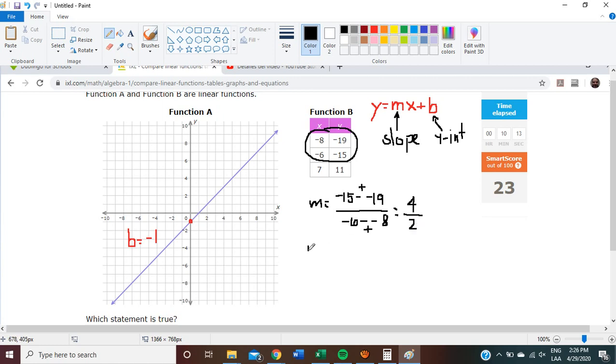So m equals 4 divided by 2 equals 2. This is the slope, this is not the y-intercept, so we are not finished yet.